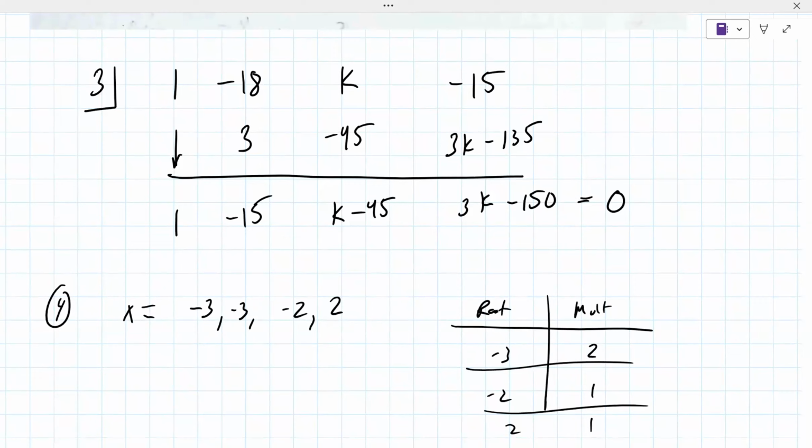All right, so it looks like maybe the next one, what happened on the next one here? 2x to the 4th. Okay. You were doing real well up to here.